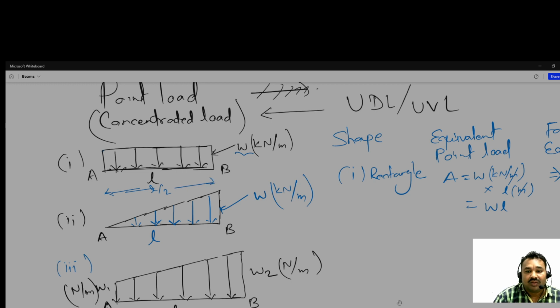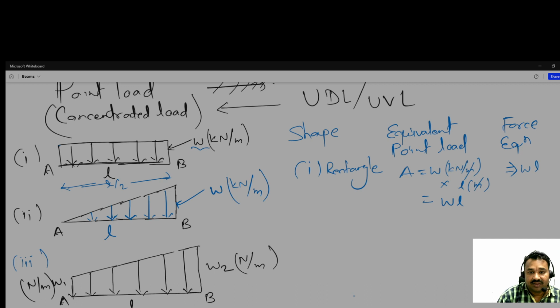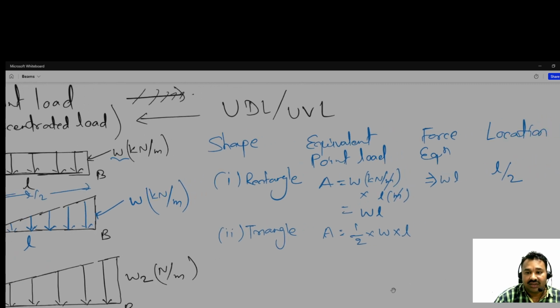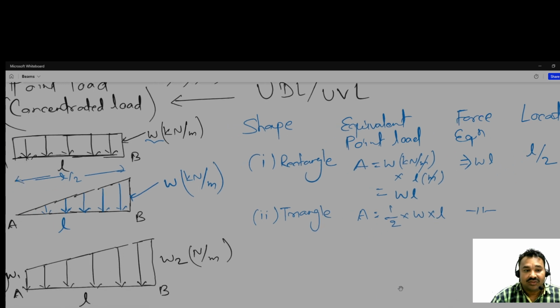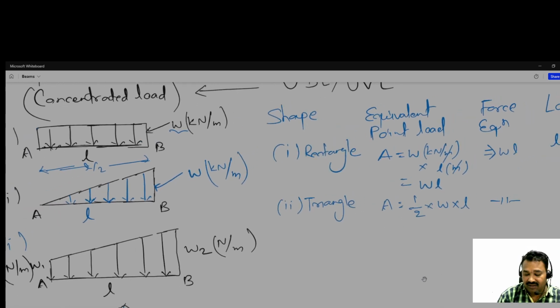Okay, what about similarly for the triangle? Area is 1 by 2 times the height, this is the height, this is the length. And the same is here, the force equation, and where it is located. So it depends from where you are taking.